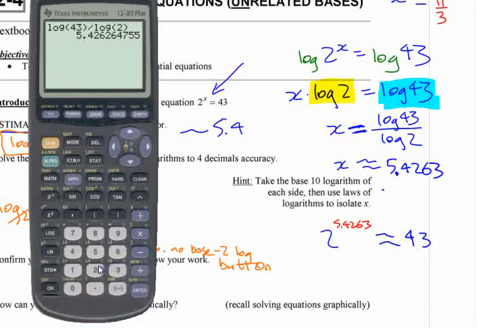Anytime you're solving an equation, you could just do 2 to the power of answer. If I only put that in, it's going to give me pretty close to 43, but it's not exact because I rounded it off. You can always check when you're solving an exponential equation by subbing in the number.